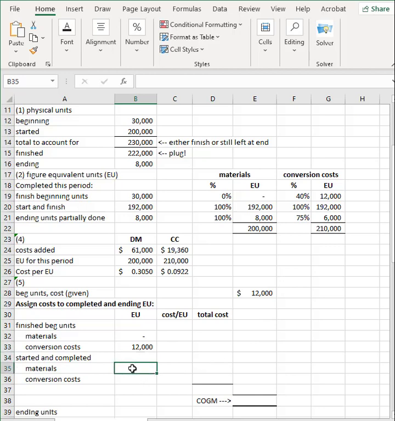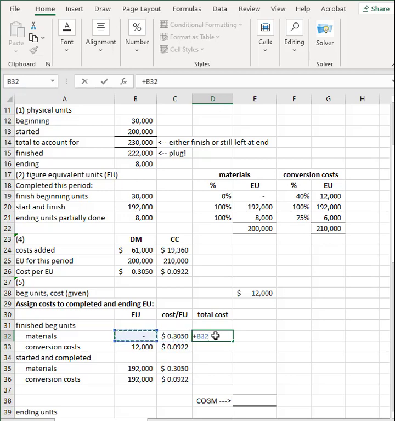What about started and completed? That was 192 and 192. And what was the cost of each of those? So materials was this and conversion cost was that. Same thing here. Then we just have to do the math.